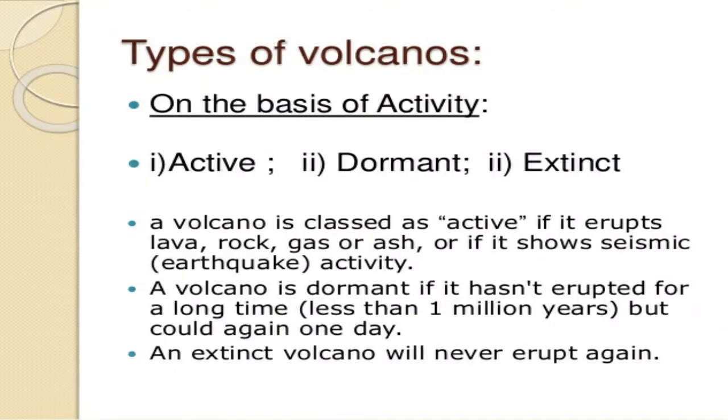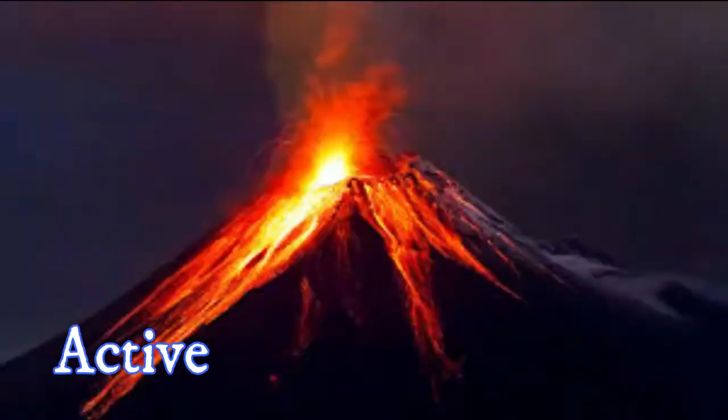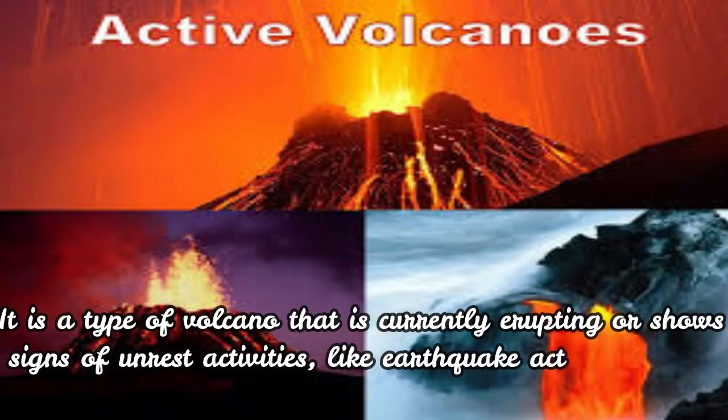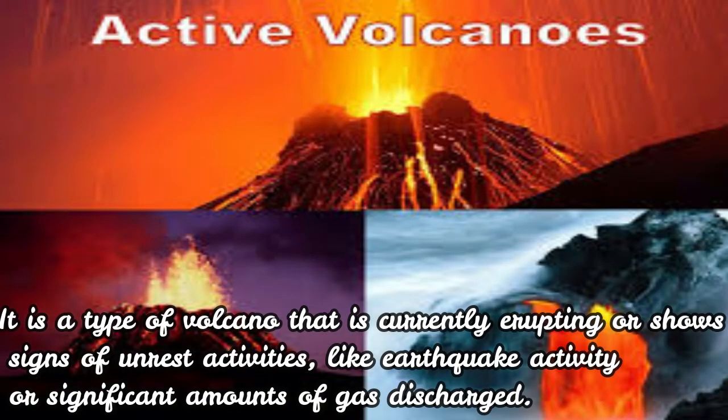On the basis of the period of eruption, the volcanoes are classified into number one, the active volcanoes. These are the volcanoes which are currently erupting or show signs of unrest activities like earthquake activity or significant amounts of gas discharged.